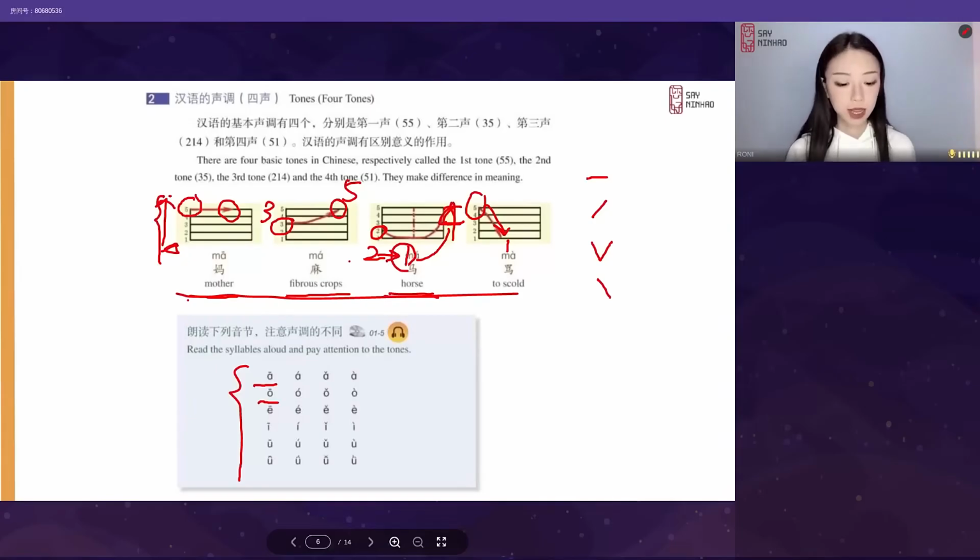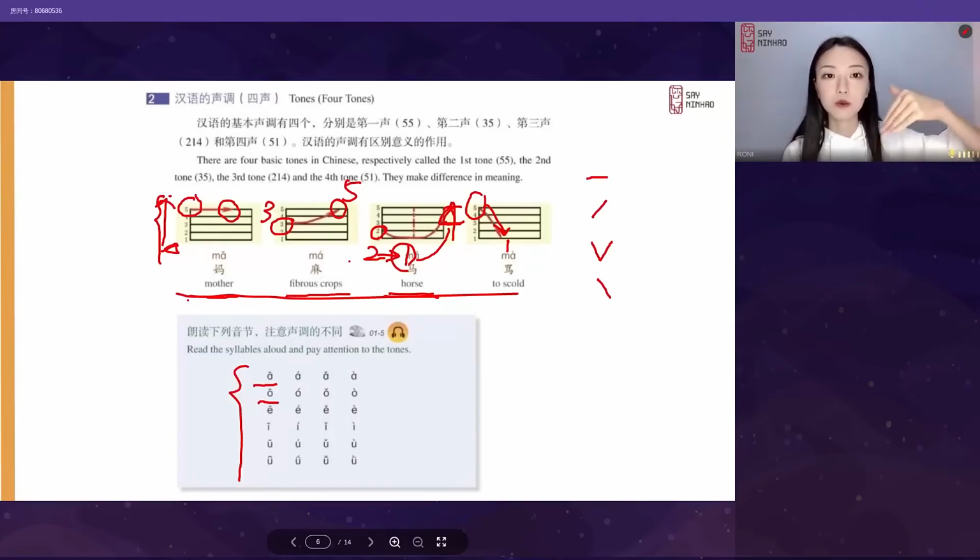Next one is E. Try to read it. First tone is E. Next, second tone, third tone, fourth tone. Next one is U. Try to read it. First tone, level and flat. Second tone, rise up.